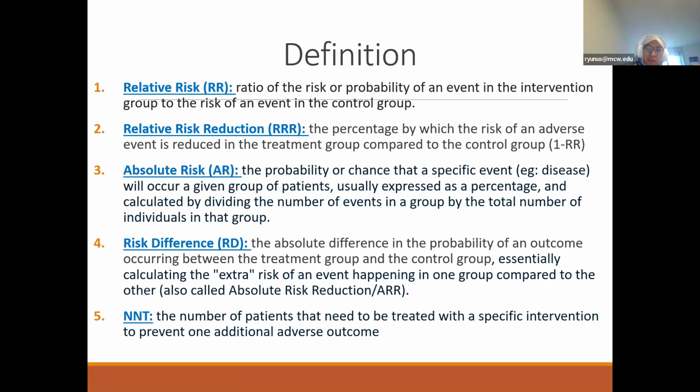additional adverse outcome. So, for instance, when you conduct a large clinical trial to see the effectiveness of statins, for example, a drug that is used to lower the cholesterol level, then if you get, for instance, NNT of 1,000, okay, I'm just giving an example.